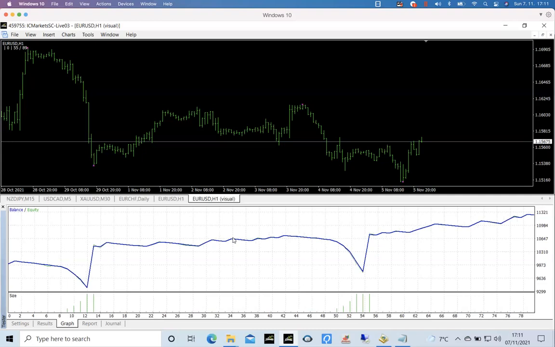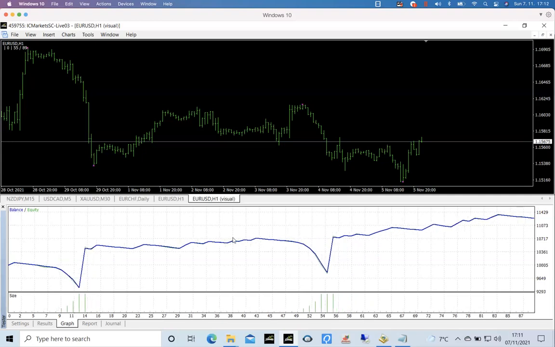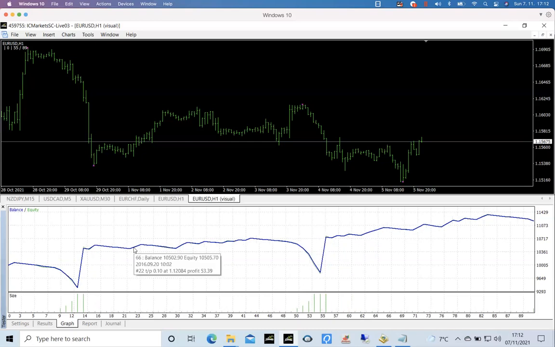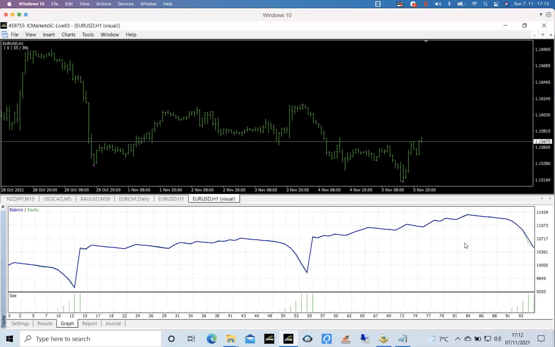Having a strategy to progress your lot size, even with a normal strategy. Now, this is not a normal strategy, but it's a good strategy. What I will show you, which is amazing, is that this strategy has only a 35% winning rate. So with a strategy of 35% winning rate, we have turned it into a money-making machine.